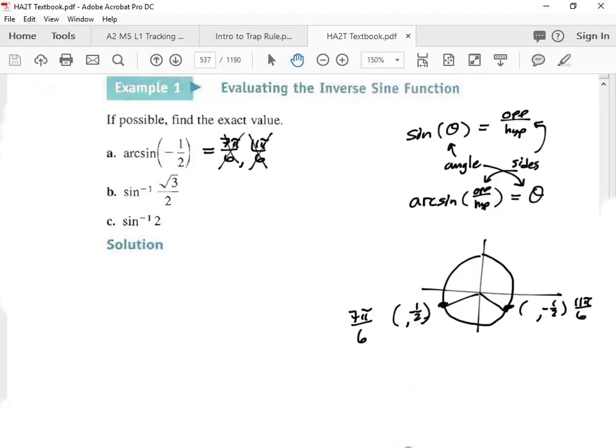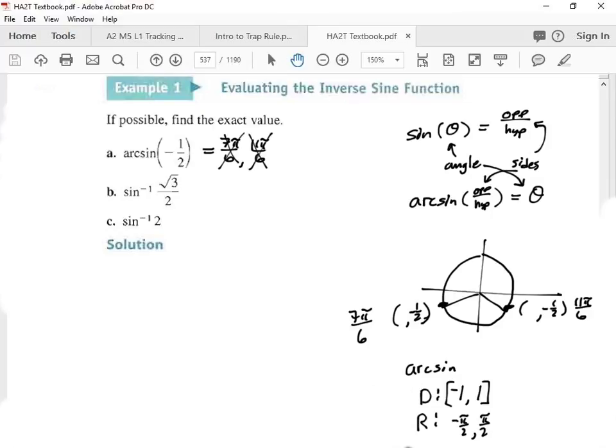What is the domain and the range for arc sine? So for arc sine, what's my domain? Ooh. And for arc sine, what's my range? My domain was -1 to +1. And my range, the only answers I can get are between -π/2 and +π/2.